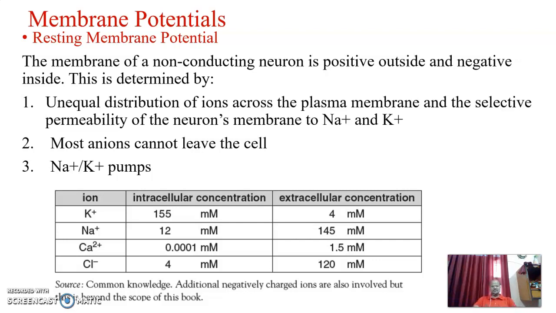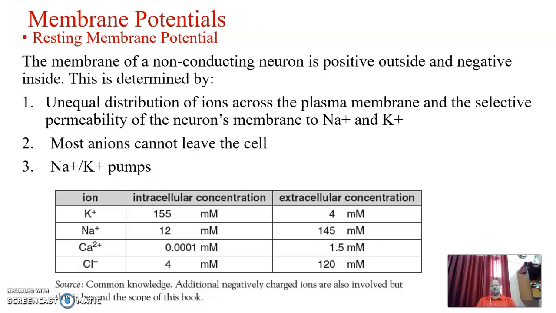There is a negative charge inside the cytosolic region of a neuron, which varies from minus 40 to minus 70 millivolts, or minus 90 millivolts, with an average potential of about minus 70. When cells exhibit this membrane potential, they are said to be polarized.